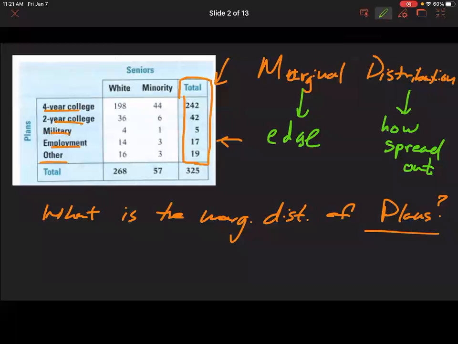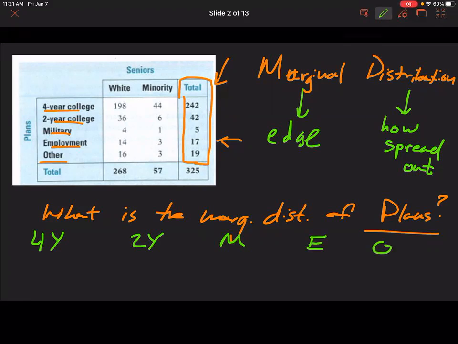So this one, unfortunately, there are going to be a lot of things to divide. So let's see. So four-year college, and we'll just sort of abbreviate. We'll say four-year college, two-year college, military, employment, other. So what percentage are looking to go to four-year college?